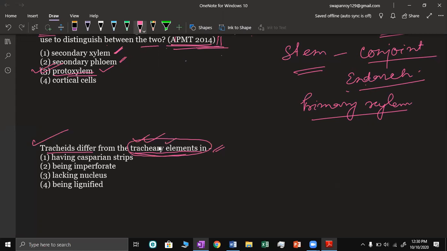This one should not be tracheary element. This should be trachea, or that is vessels. All right.